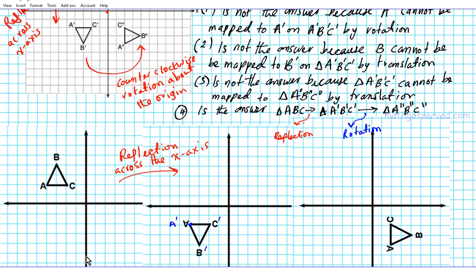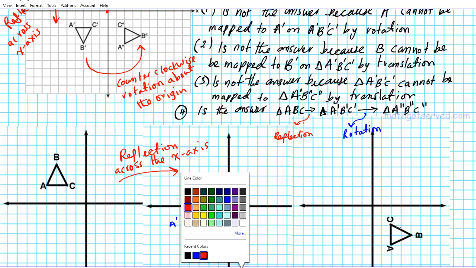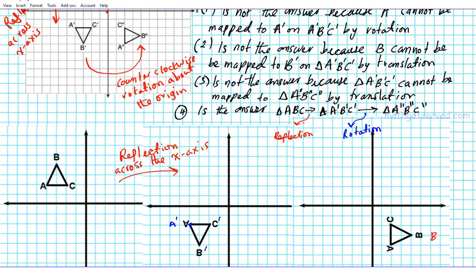Exactly what we want. Okay, so here we have B double prime. Let's mark it up. This is B double prime. This is C double prime. And then this one right here is A double prime. Okay, so you have A double prime, B double prime, C double prime in exactly the same configuration as this original triangle right here.